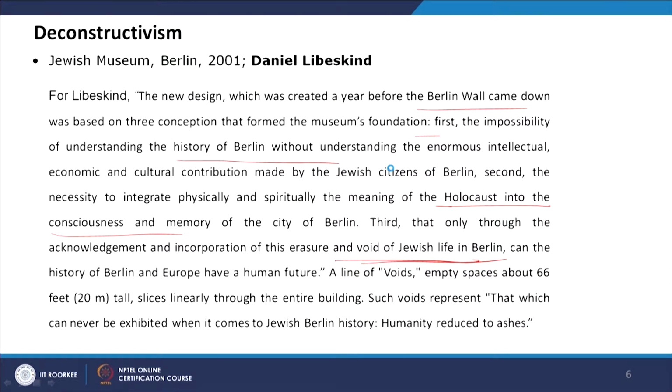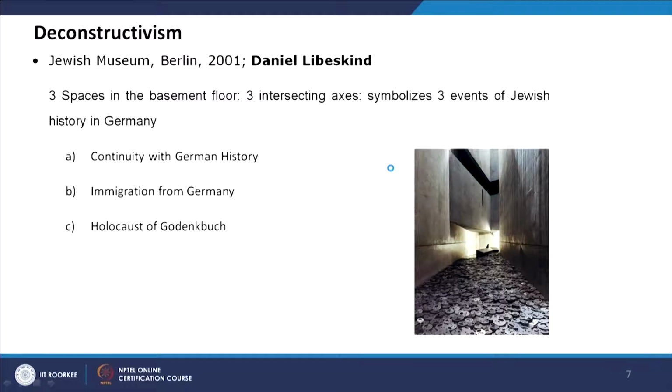Within the building many of the spaces are very claustrophobic, with a high degree of inertia, with lines coming out at different angles. There are three spaces in the basement floor, three intersecting axes, which symbolize three events of Jewish history in Germany.